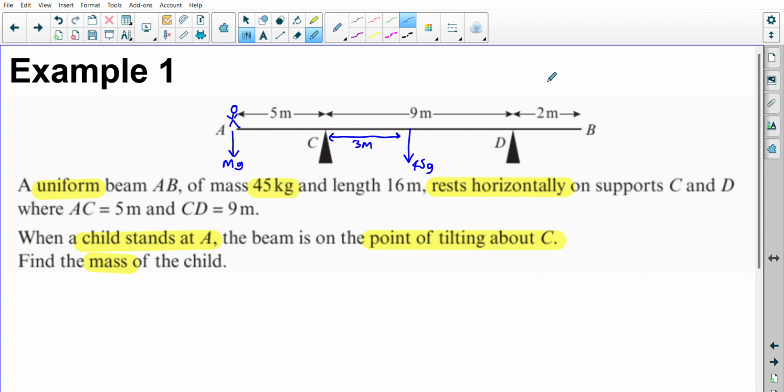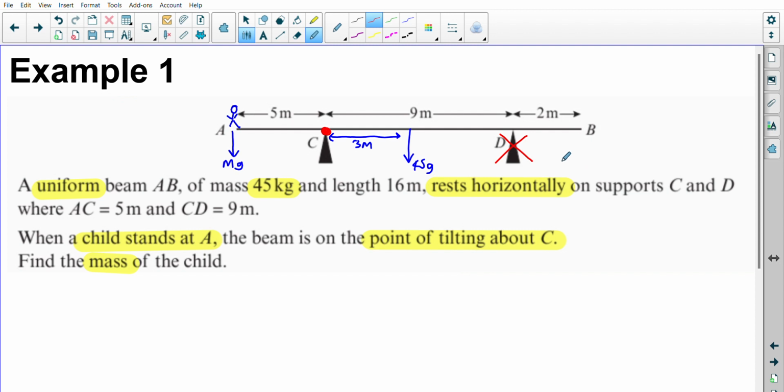Now, if it's at the point of tilting about C, this is where the beam is pivoting around, and that's the pivot point, okay? So actually, like the diagram before, the beam will begin to lift from the support D. So actually, that might as well not exist.